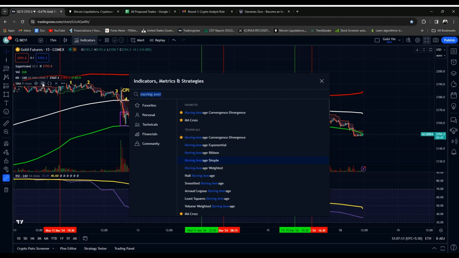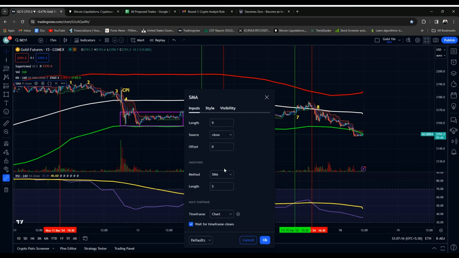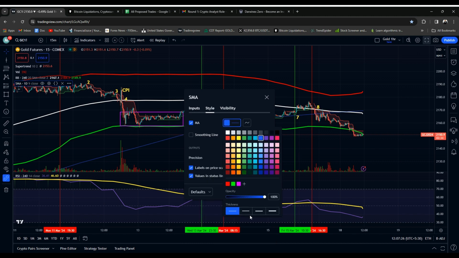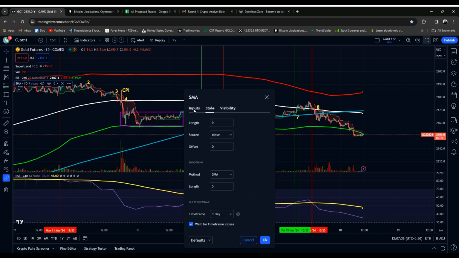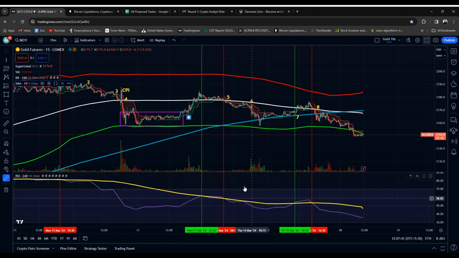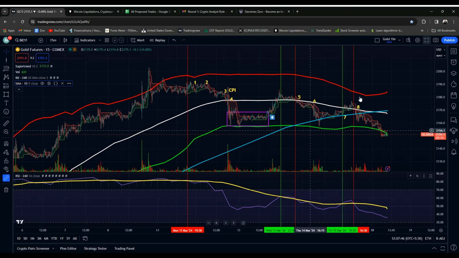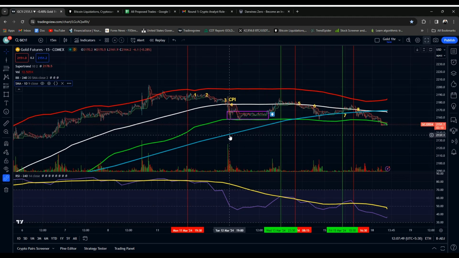Moving average simple, and just on the daily scale, something like this. So this is also a very interesting indicator, but I don't see how much applicable it is on this. But anyway, this is another indicator that is very interesting. We'll talk about it later.